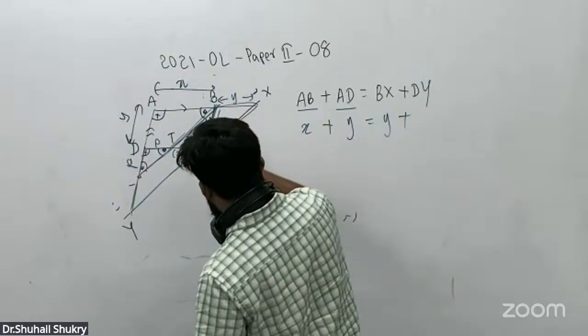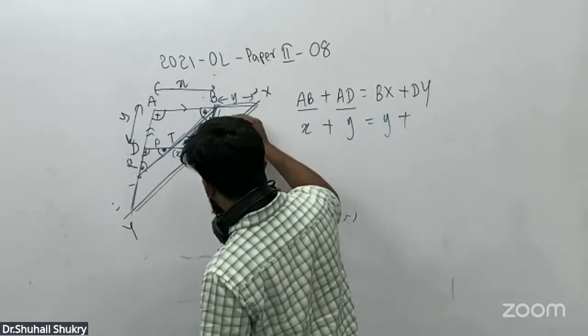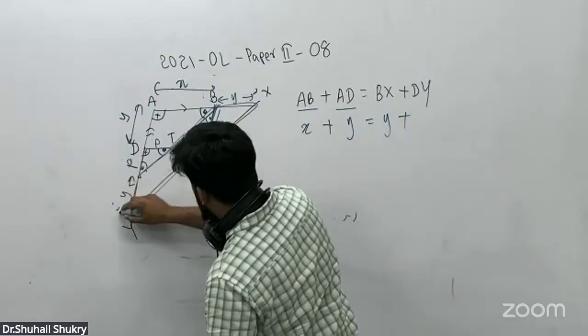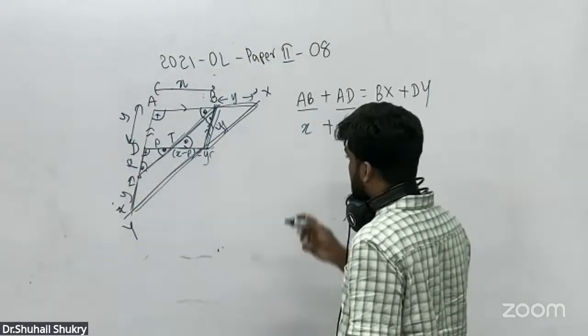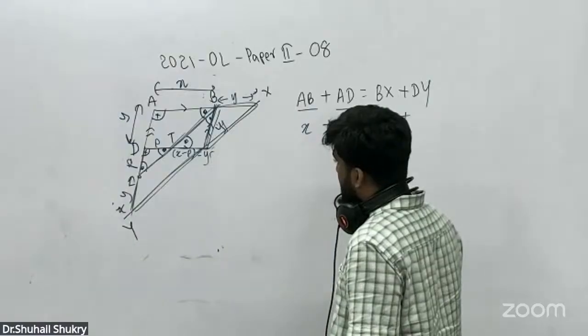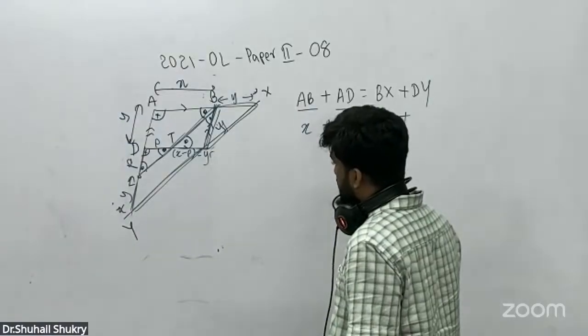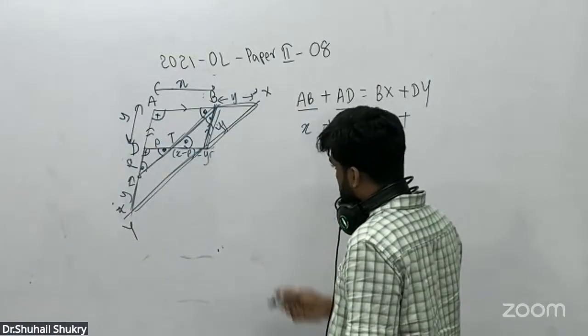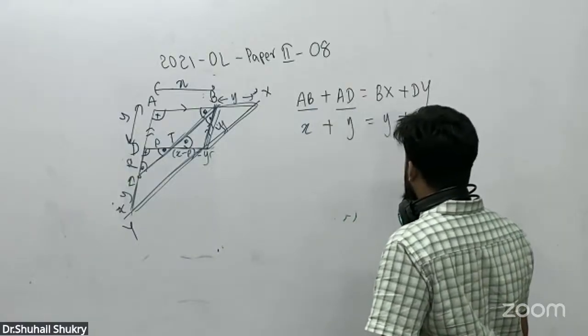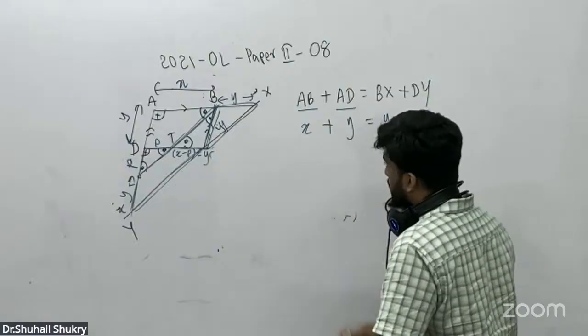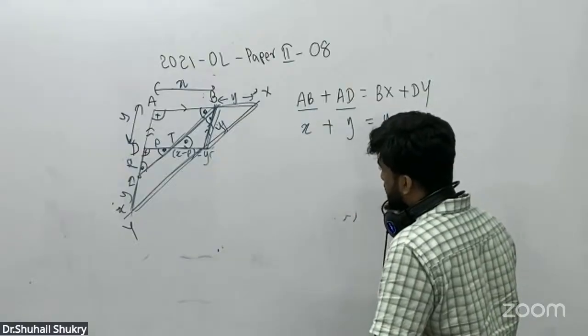This full set is a parallelogram. Then this is Y, so this one is how much? This is Y. Then how much is DY? Yeah, it is Y plus P.